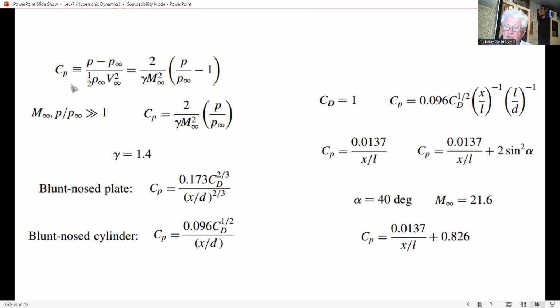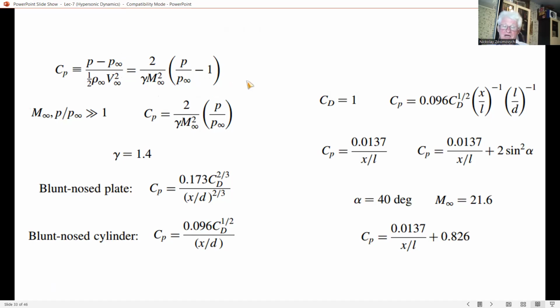Cp will be approximately equal to (p minus p infinity) over 1/2 rho infinity V infinity squared, or 2 over gamma M infinity squared times (p over p infinity minus 1).